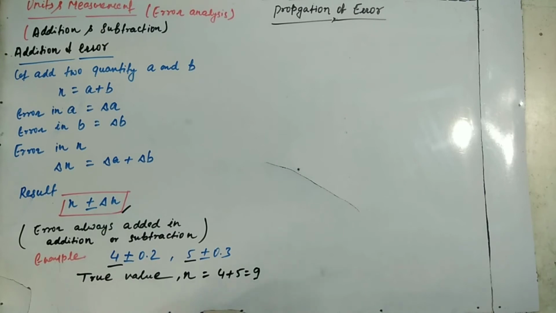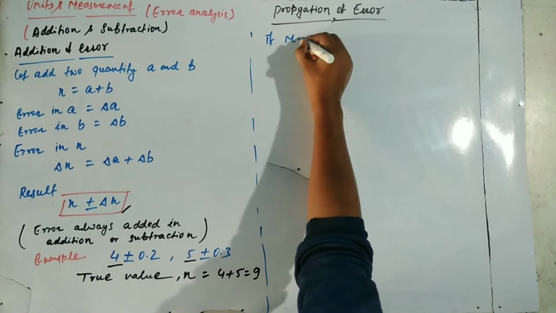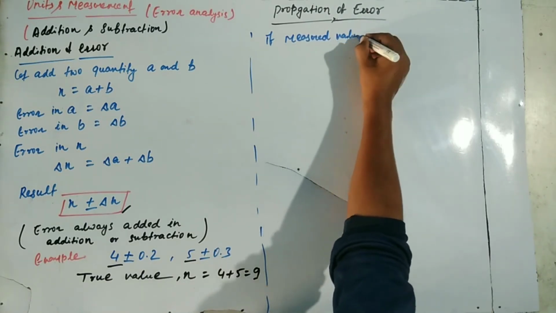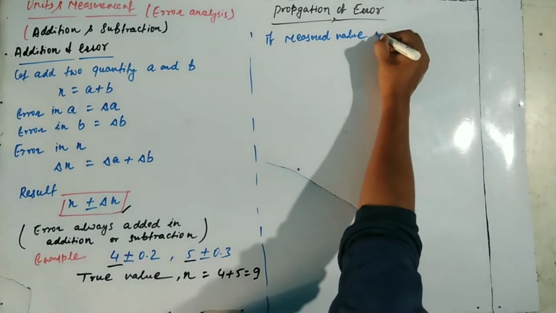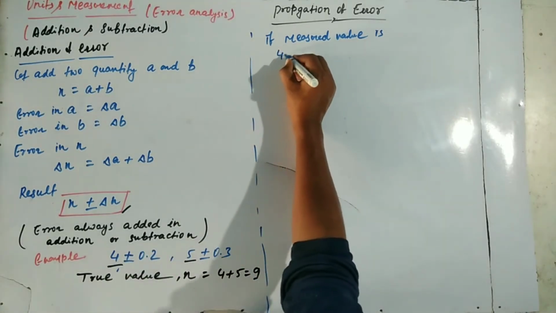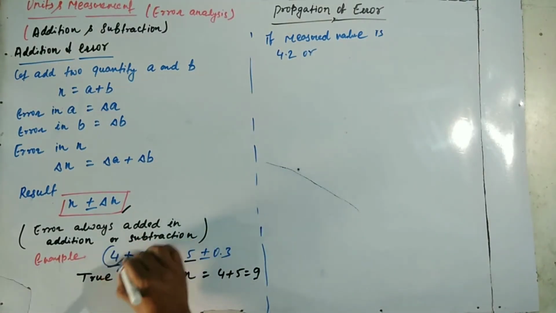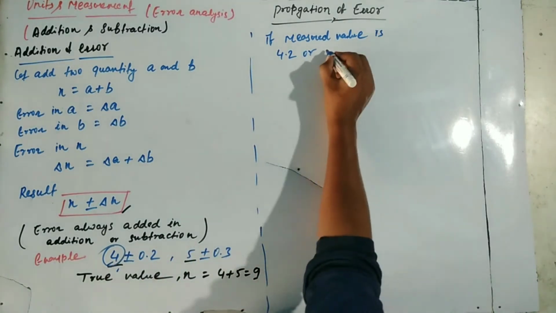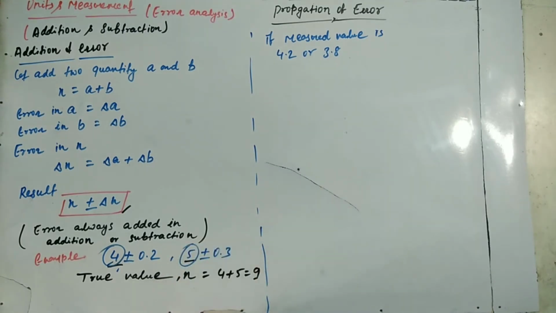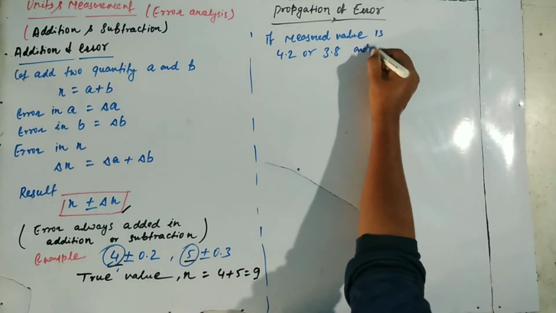Now the remaining terms are plus minus 0.2 and plus minus 0.3. If we measure the first value, its maximum error will be 0.2, and if we measure the second value 5, its maximum error will be plus minus 0.3.